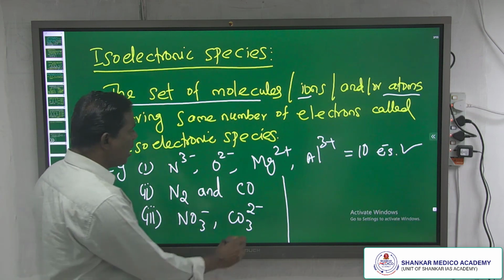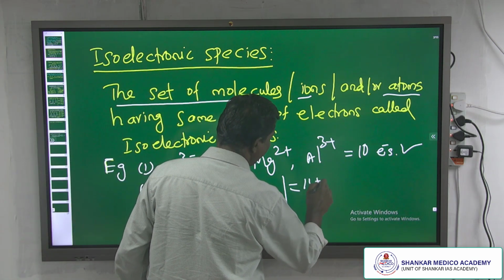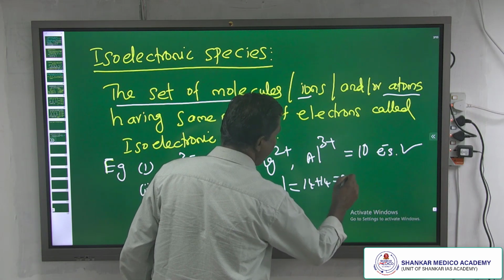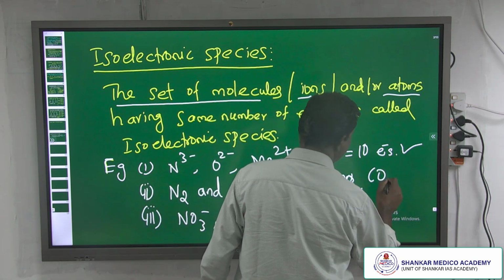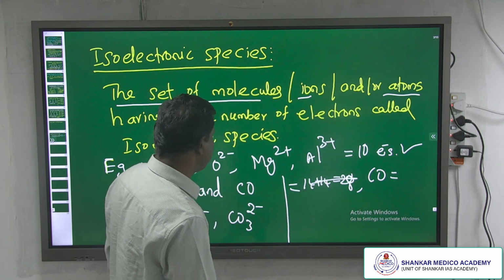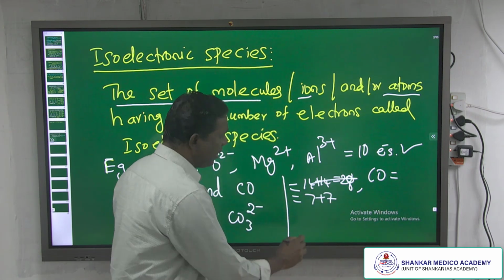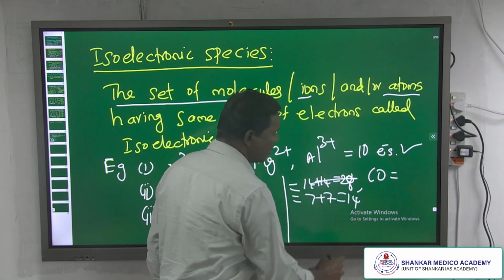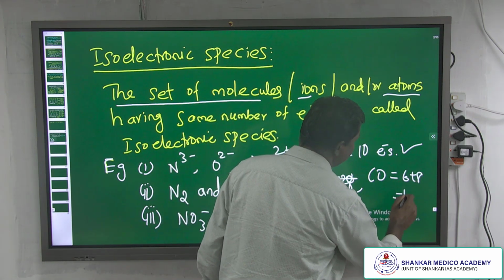Nitrogen has 7 plus 7, 14 electrons, whereas carbon monoxide has 6 plus 8 equal to 14 electrons.